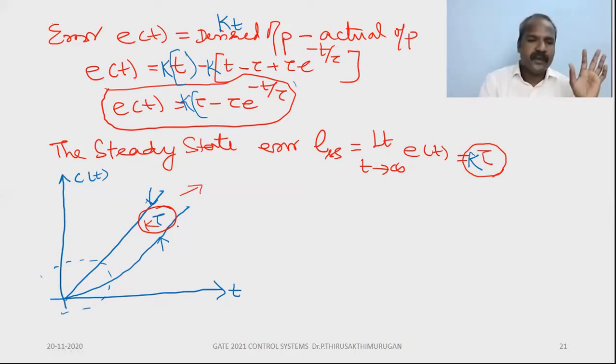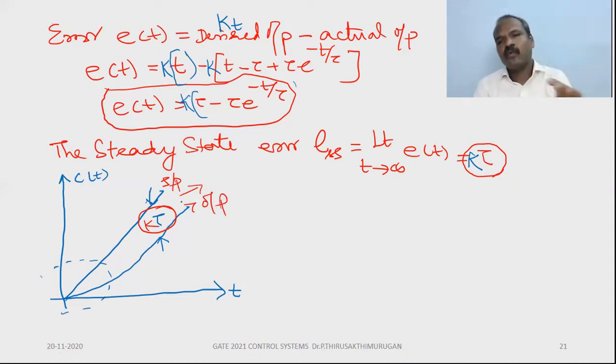This is the input, this is the output, and the output lags behind by time tau. In the case of a unit ramp, if the system has gain k, it lags behind by k times tau.